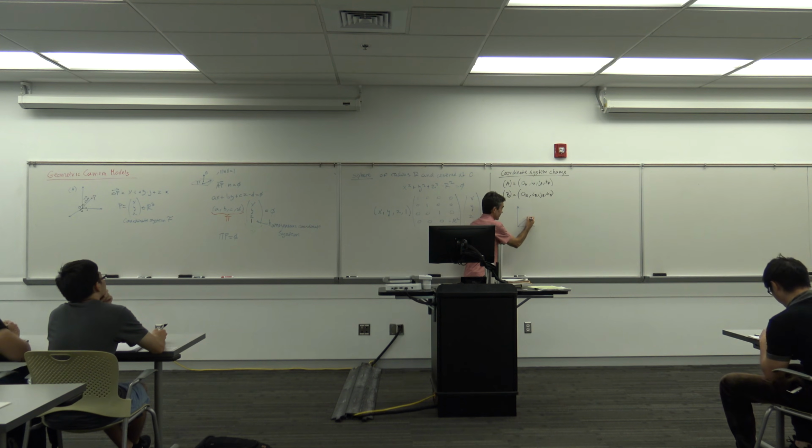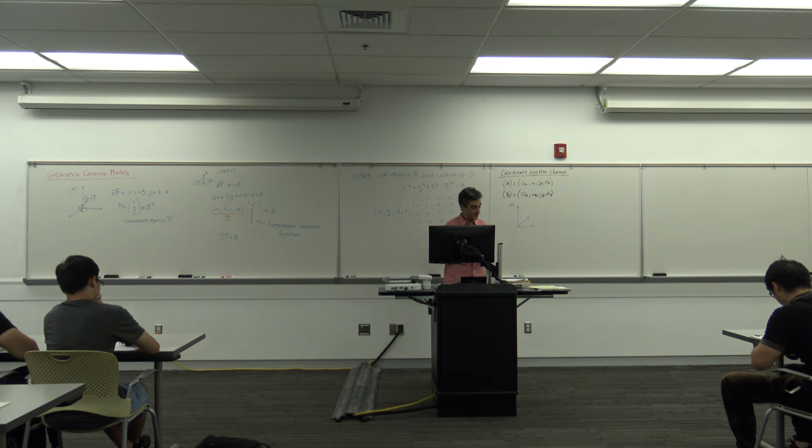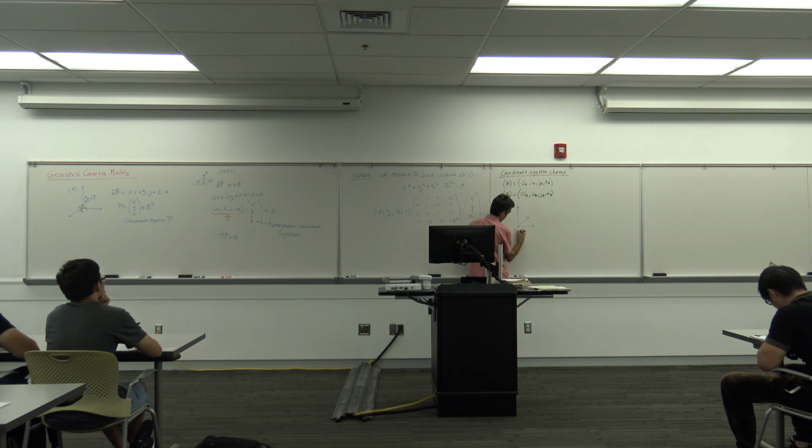Imagine this is my coordinate system A, okay? So coordinate system A that has my origin, OA, my basis vectors IA, JA, and KA.